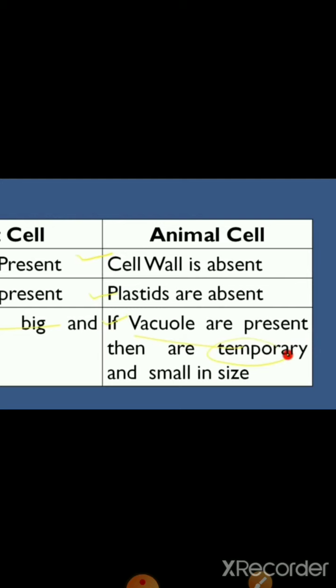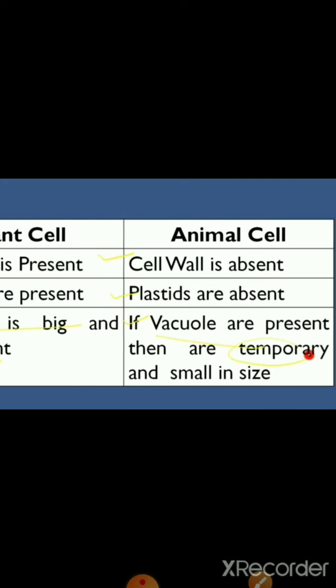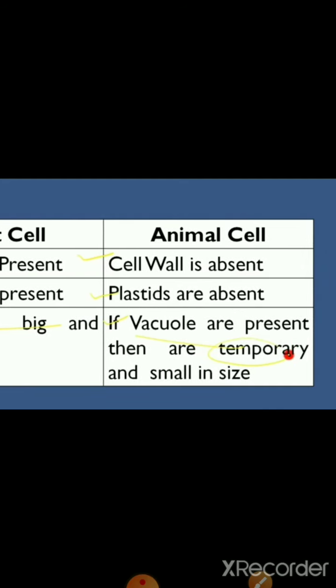Fine. But in plants it is big in size and permanent, and in animals by chance it could be there, but it could be temporary or small in size.